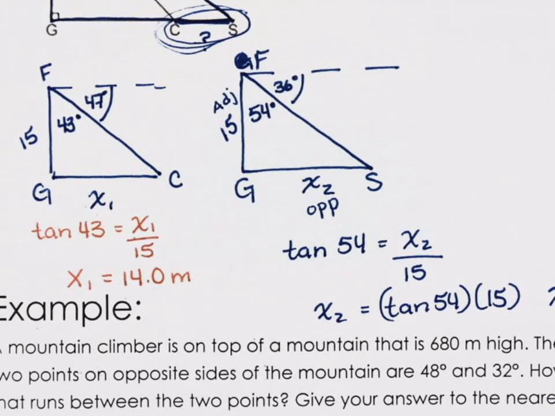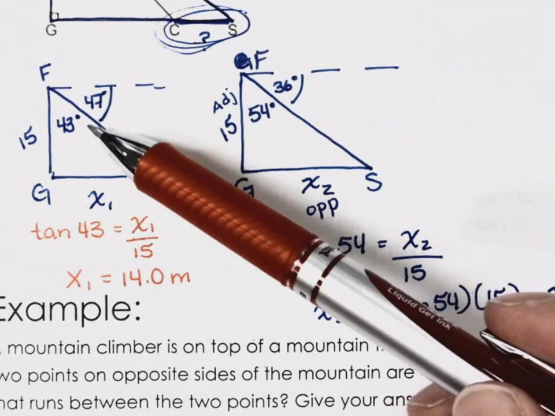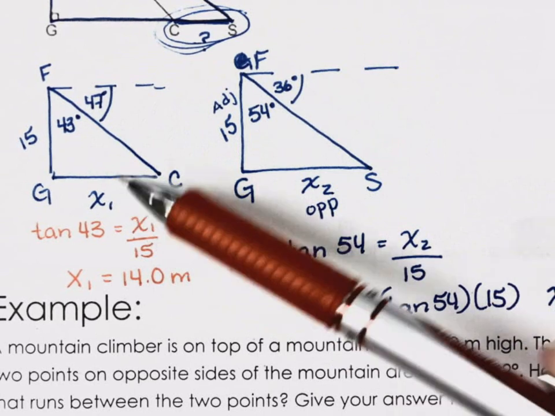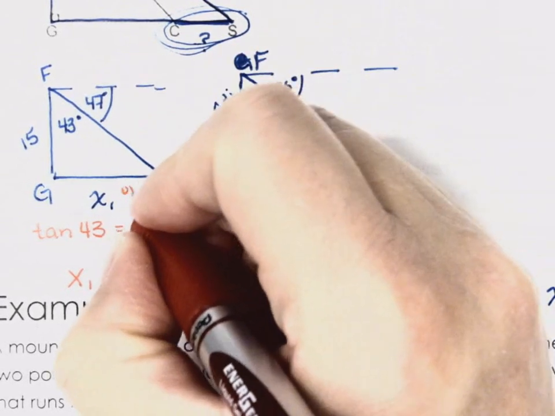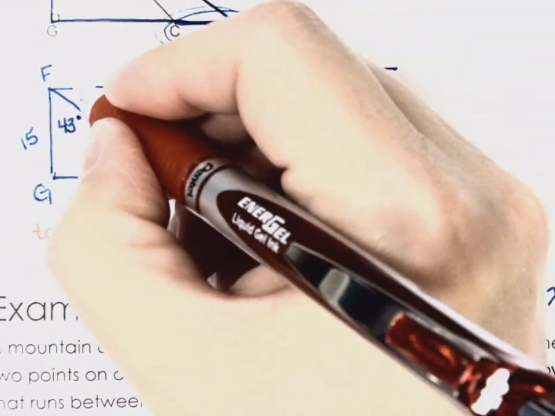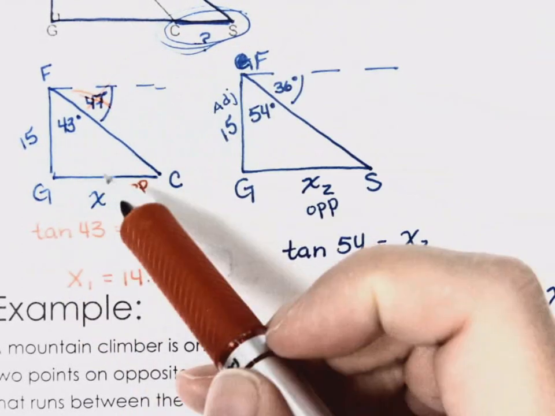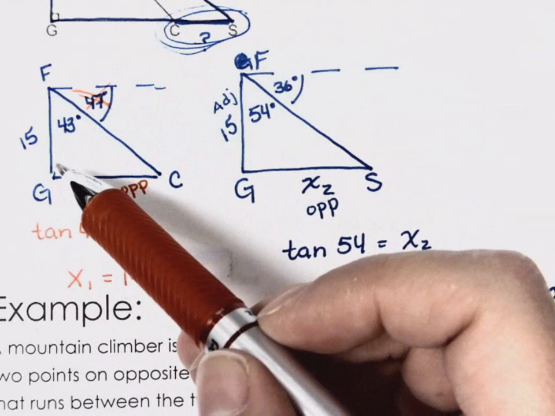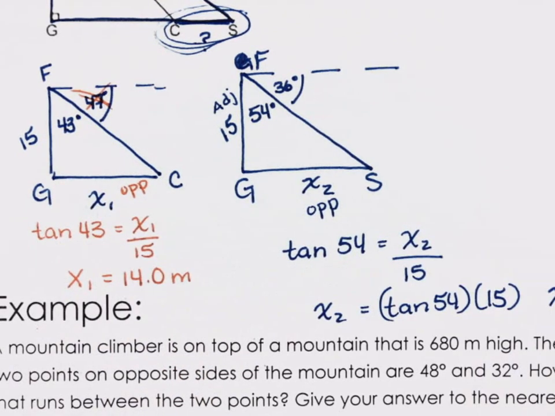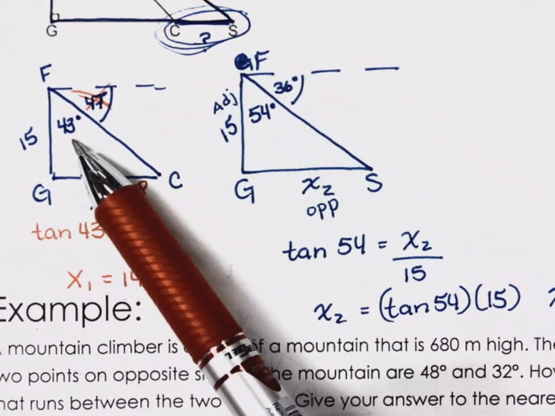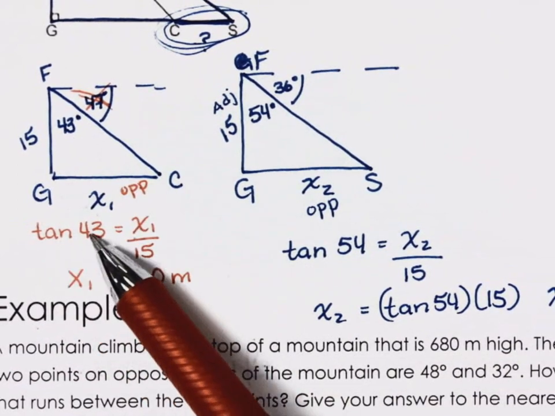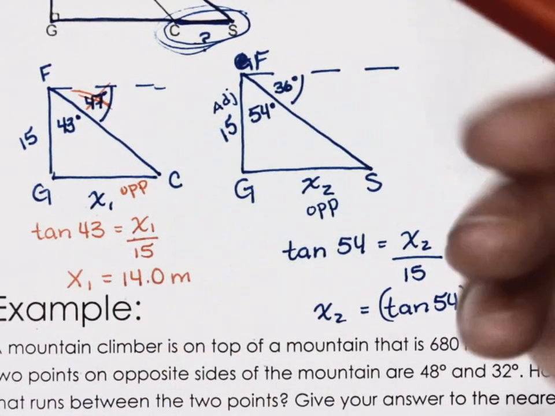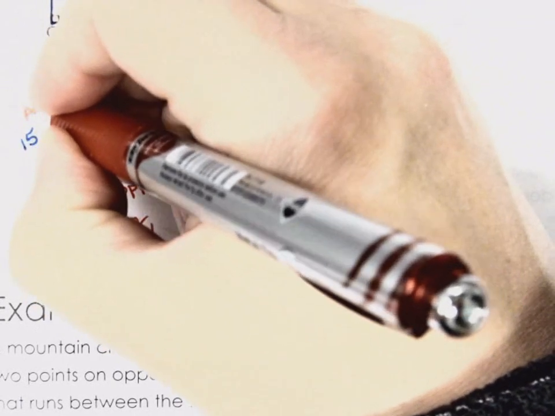Okay. So on this triangle, this is what you guys were trying to find. You're trying to find this. So this is my opposite. So this angle isn't important anymore. We use that 47 to help us find that interior angle. So the 47 is kind of, we've used it, and now we're just going to put it to the side. We don't need it anymore. So we're going to use that 43. So tan of 43 is opposite over adjacent, because this one was my adjacent side.